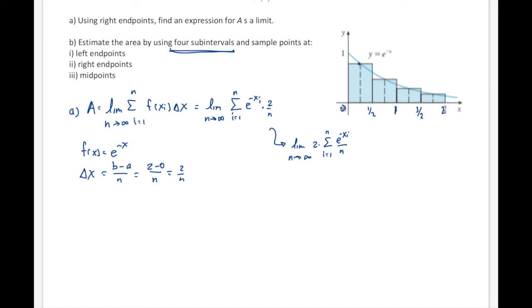So the midpoint there would be 1/4, the midpoint there would be 3/4, the midpoint there would be 5/4, and the midpoint there would be 7/4. So we're going to do this with 4 subintervals using left endpoints, right endpoints, and those midpoints. So I'm going to say R sub 4 for right side rectangles.